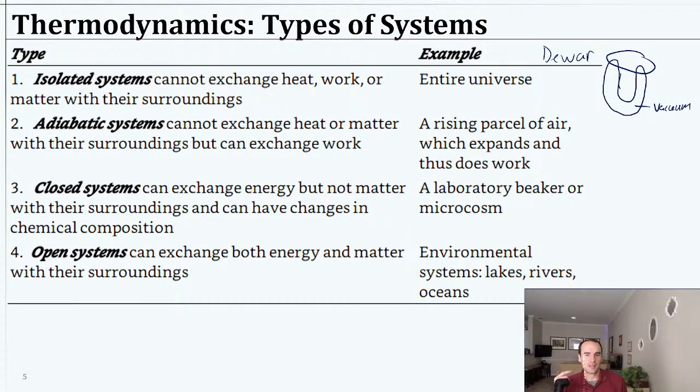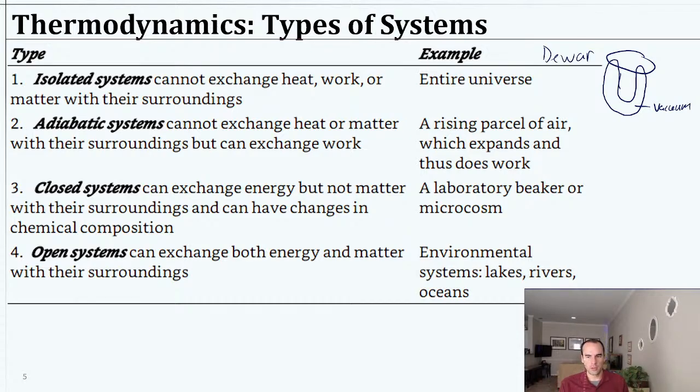Adiabatic systems cannot exchange heat or matter with their surroundings, but they can exchange work. So a piston in a car engine would probably be described that way, because theoretically they're not exchanging too much heat. Most of that heat should be going into the expansion of the gas.